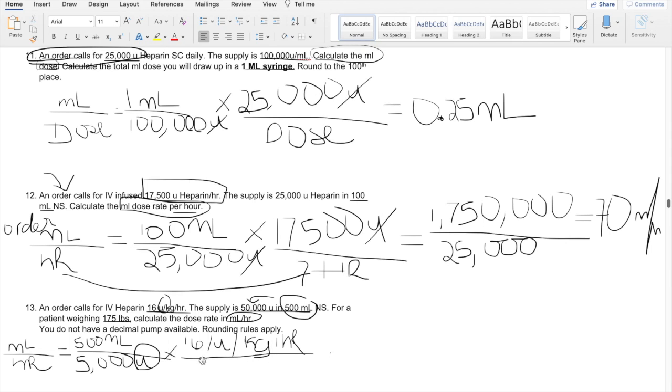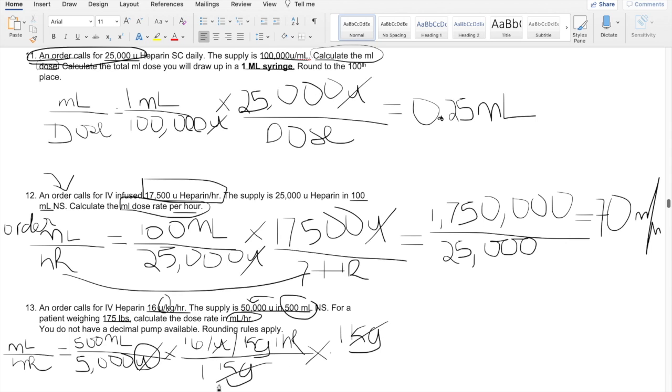And now what I'm going to do is look at my values, and as I can see, there's a kilogram here, so I have to put 1 kilogram on the bottom times 1 kilogram on the top in order for me to cross out those unit values, right?